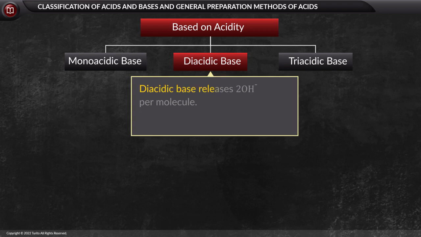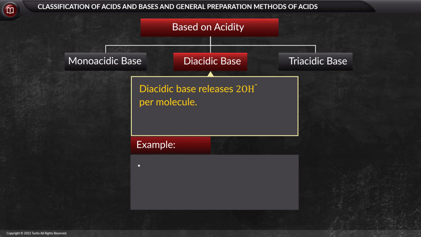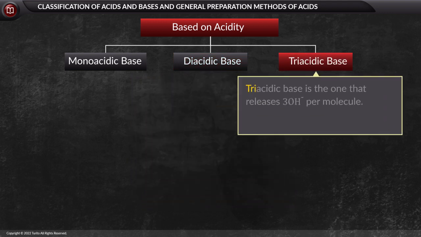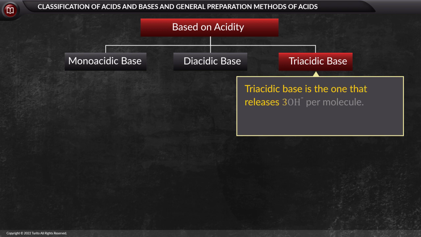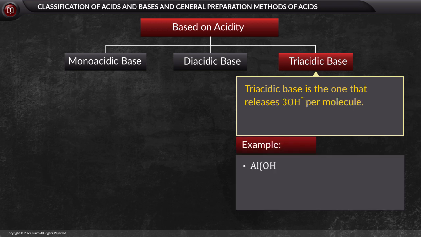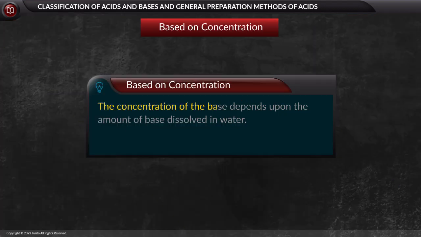Diacidic base releases 2 OH- per molecule. For example, Ca(OH)2. Triacidic base is the one that releases 3 OH- per molecule. For example, aluminium hydroxide.